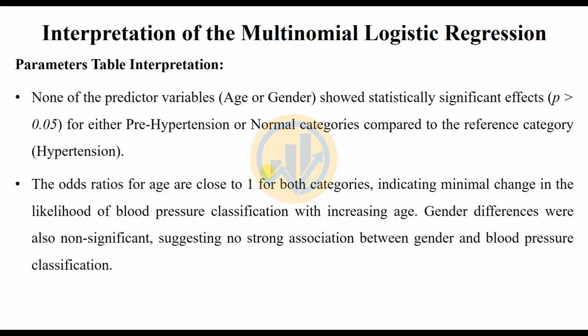The odds ratio for age is close to 1 for both categories, indicating minimal change in the likelihood of blood pressure classification with increasing age. Gender differences were also non-significant, suggesting no strong association between gender and blood pressure classification.